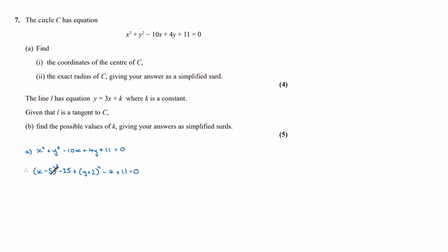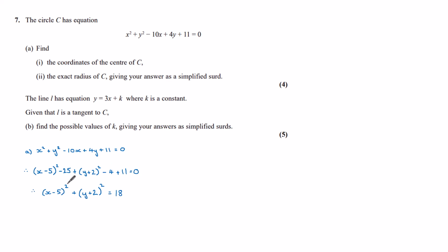So x minus 5 all squared. Remember to subtract that extra 25 we're going to get. And then for the y, plus half of the y coefficient, so y plus 2 all squared, subtracting the extra 4 that we're going to get, plus 11 is equal to 0.